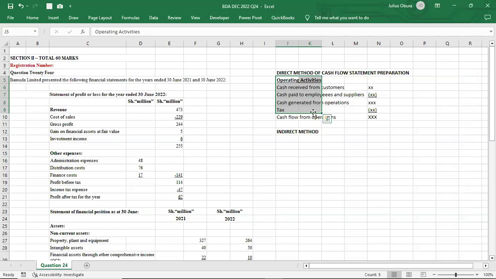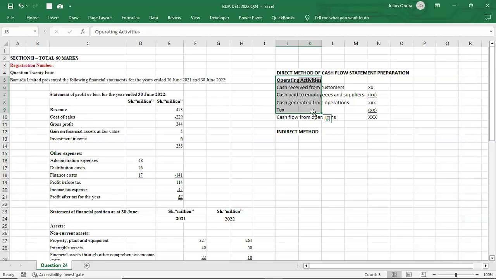When we go to cash flow from investing activities, here we normally look at the company's investment in long-term assets. So we look at purchase or disposal of long-term assets.